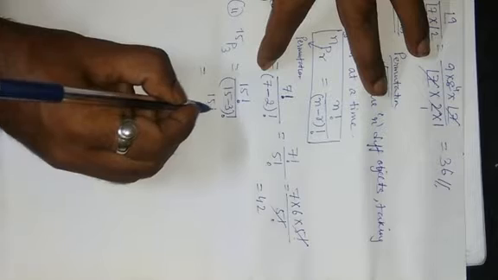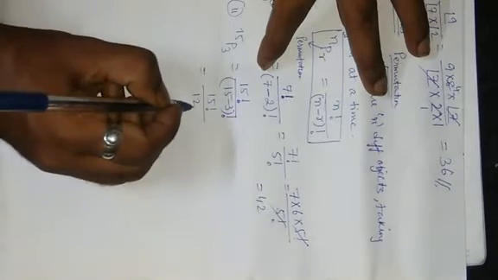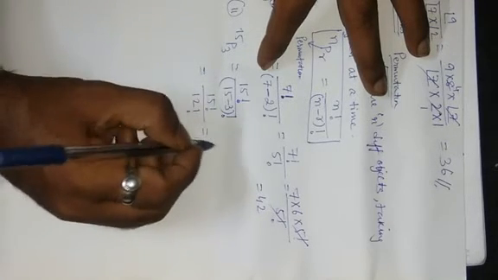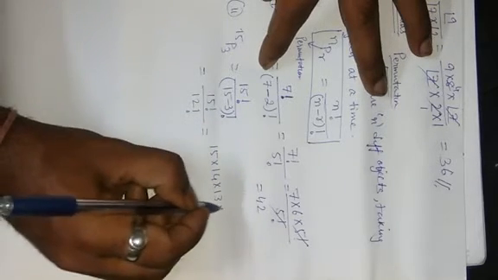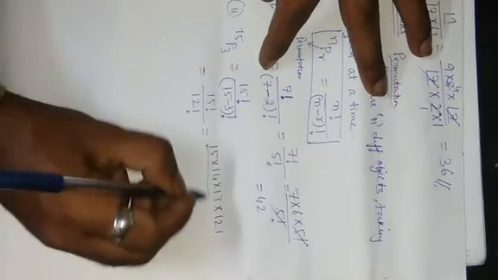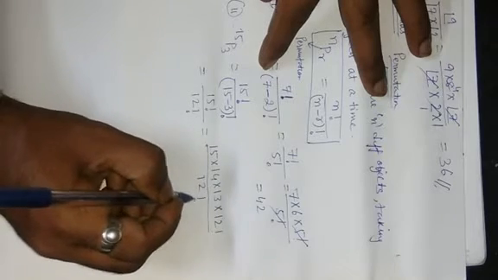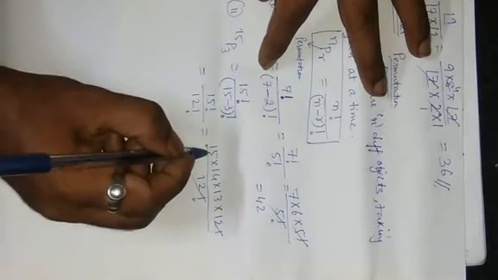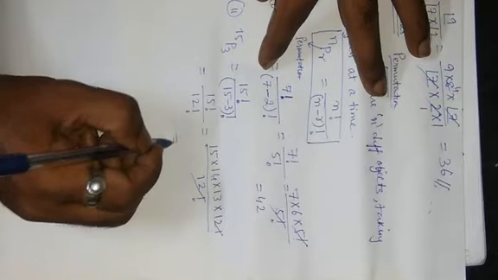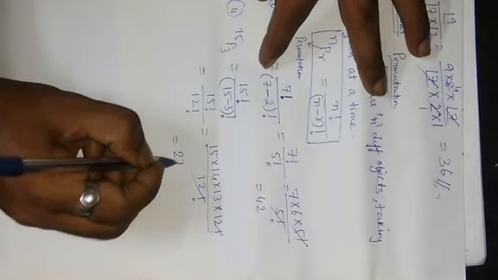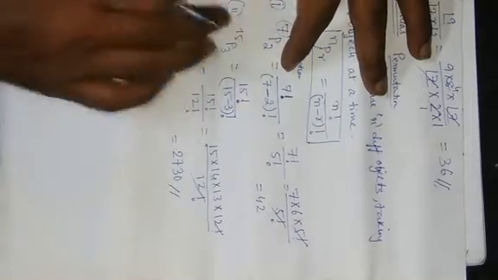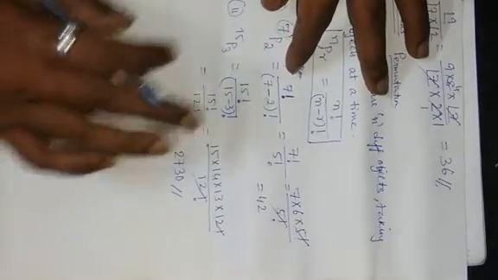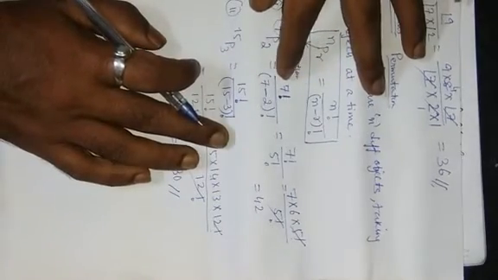So it becomes 15 factorial by 12 factorial, which is equal to 15 into 14 into 13 into 12 factorial divided by 12 factorial. These two get cancelled. 15, 14, 13 if I multiply, I will get 2730. So this is the basic introduction of permutation. We will be solving the numerical problems in the next video.